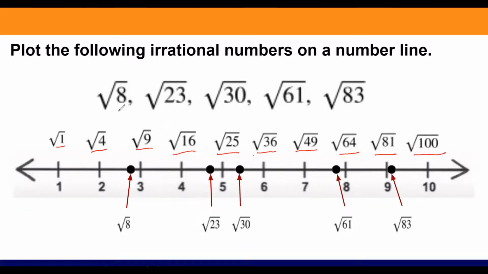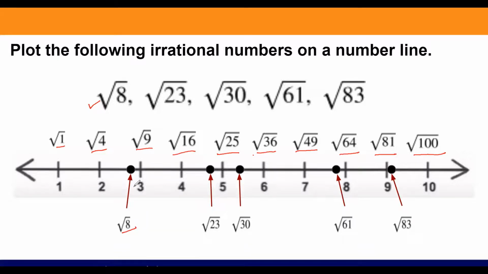Okay, now, so ipa-plot po natin yung square root of 8. So, yung square root of 8 ay malapit po dito sa square root of 9, which is 3. So, before square root of 9, yung square root of 8. So, malapit po or bago mag number 3 sa number line, yung square root of 8.